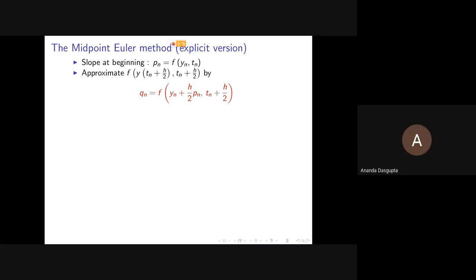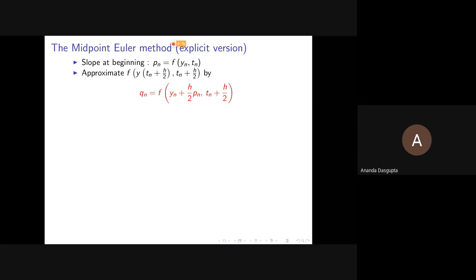Okay. However, you may now get into a worry here. That is because you're approximating the value of y at the middle. That of course will lead to some error. So this improvement that we are claiming that the midpoint method will give you over the Euler method, is this really going to happen? Because if you could really calculate the derivative at the midpoint, of course you would expect the midpoint Euler method to be better than the Euler method.